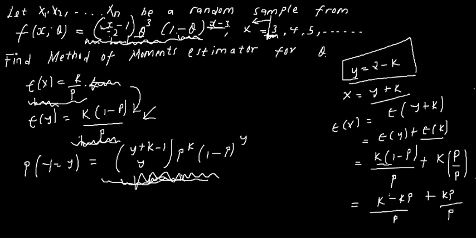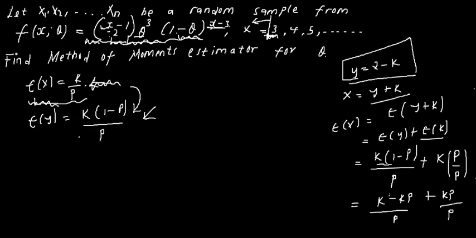So let me just create some space here. This thing will simply be, let's have the common denominator there, which is p. Then we will have k minus kp, that is p into p, multiplied by that, it's just the term that we have there, and plus kp. Then notice that if this goes, what we will remain with is the expected value of x that we have here, which is just k over p.